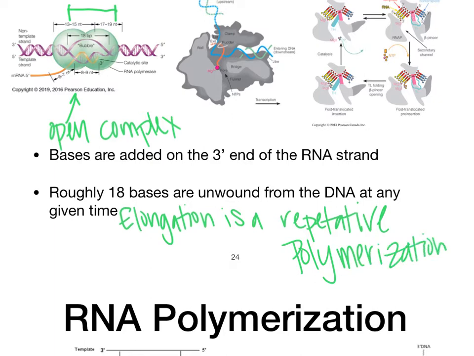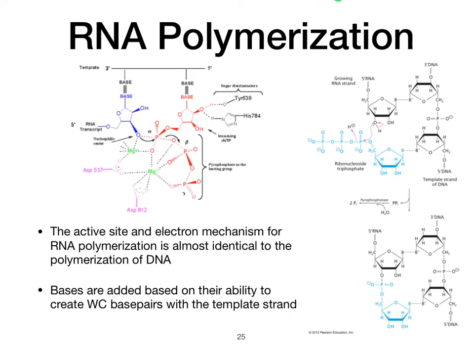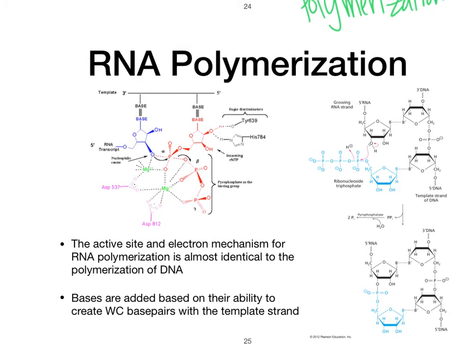So this repetitive polymerization is the same step over and over and over again. If we look at this arrow pushing mechanism, which hopefully looks very similar, the main difference, if we use our highlighter, is this. The big difference here is that we've added a 2' hydroxyl.